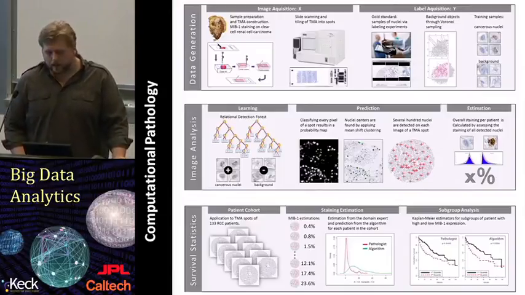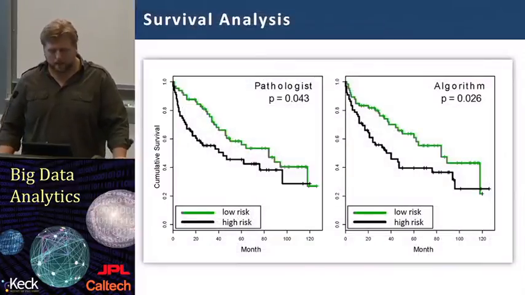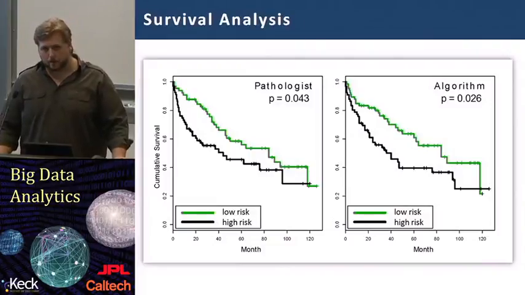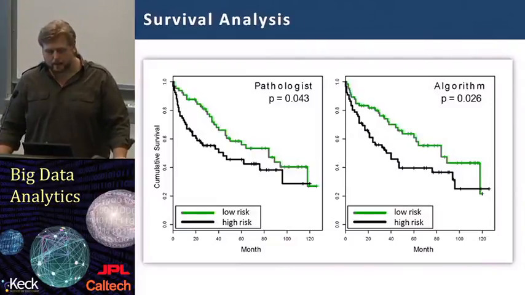And then on the bottom center, we compare the staining estimation over all patients with a domain expert, and then plot the survival of these patients. So you can see the final result here. These are Kaplan-Meier plots. On the x-axis, you see the month of survival, and on the y-axis, you see the cumulative survival.